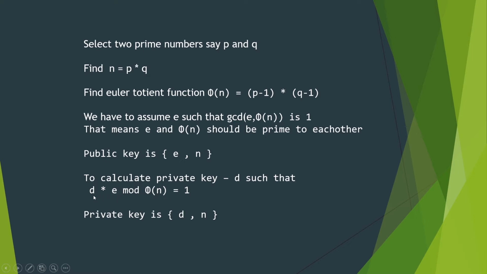Now we want to find the multiple of e such that if you divide by phi of n, you get remainder 1. After getting the d value, the private key is d comma n. So we have got the public key and the private key. Public key is e comma n and private key is d comma n.